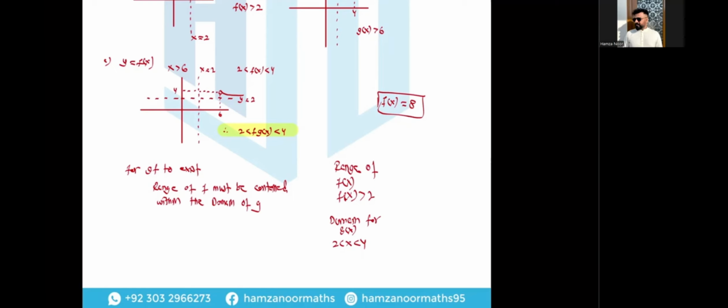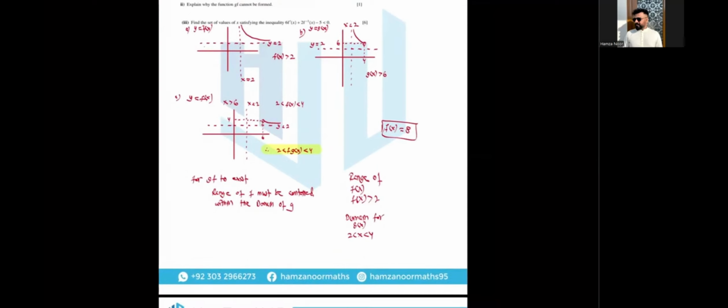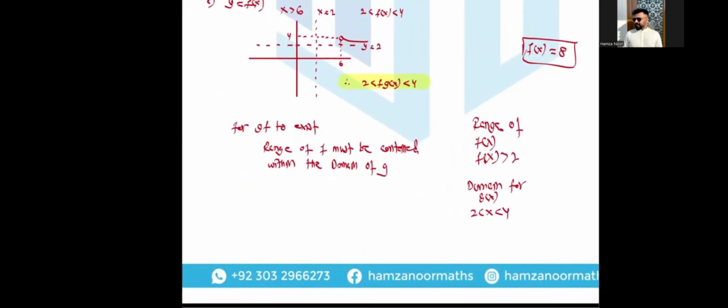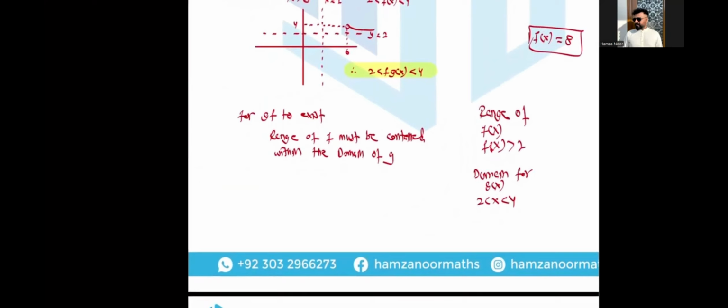So as an answer, we can say that the range of f is partly outside the domain of g, or we can make some equivalent statements.